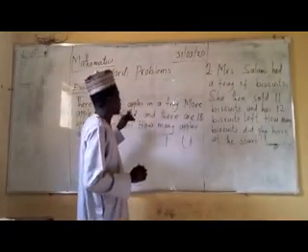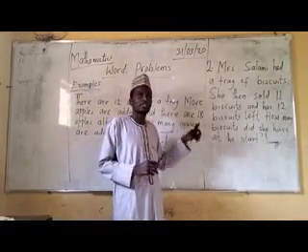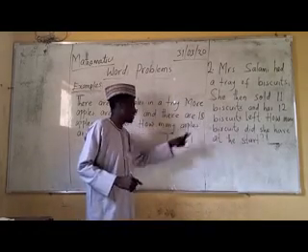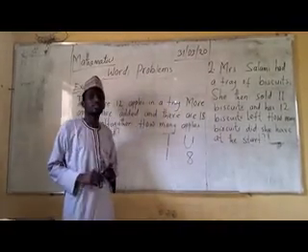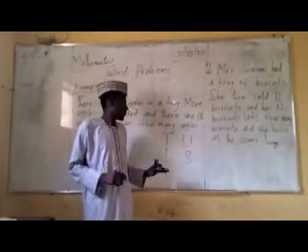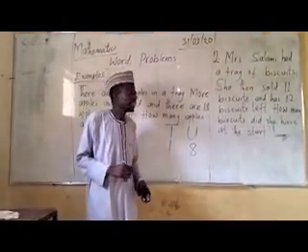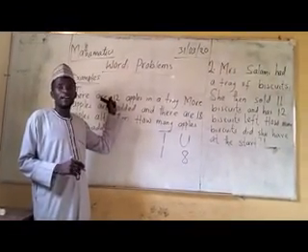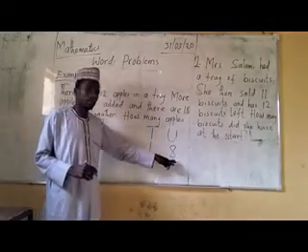So since the total number of apples is 18, we will write 18, 1 tens and 8 units. This is the total number of apples. And we know in the first place there were 12 apples.